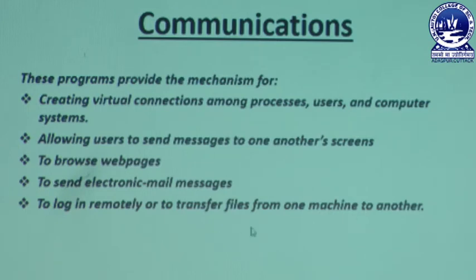All the tasks related to communications are the things we have talked about here. The system programs that help you in communication fall under this category of communication system programs.